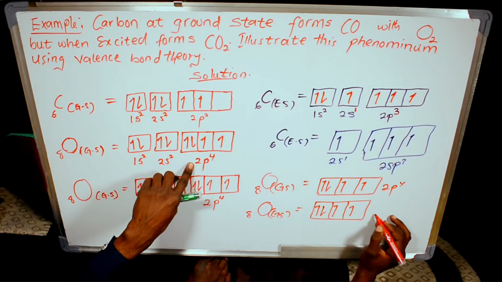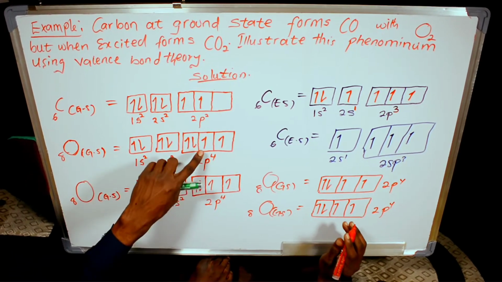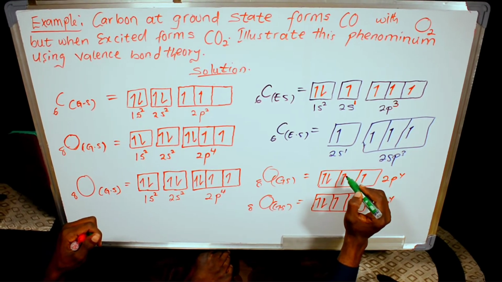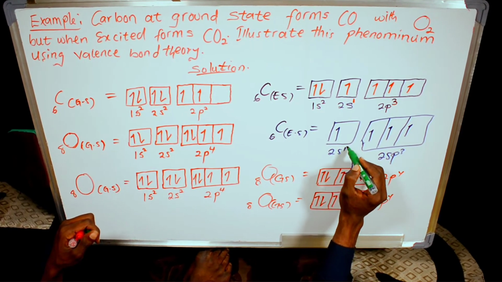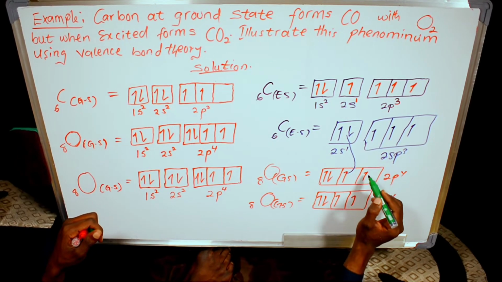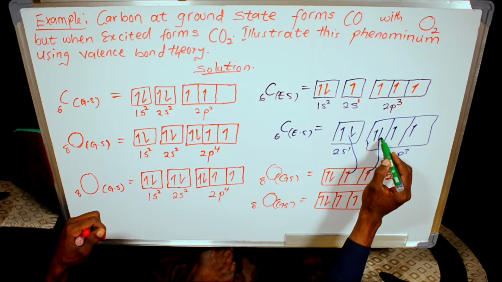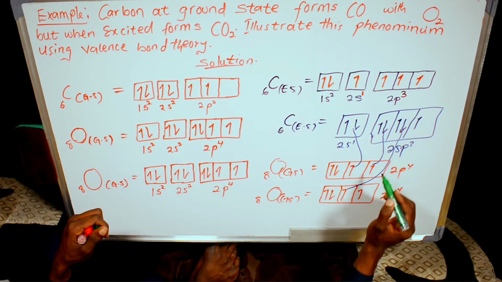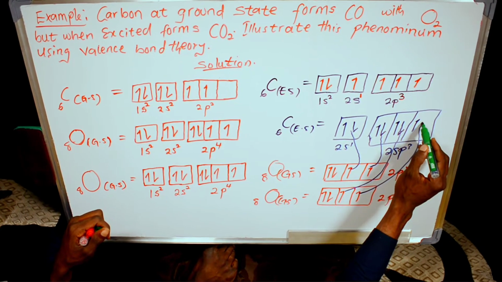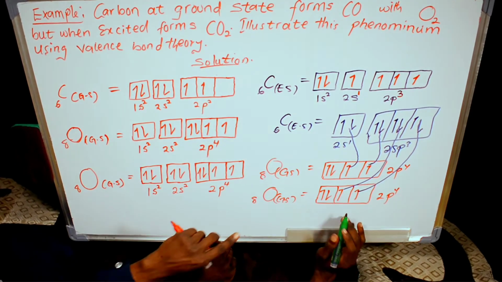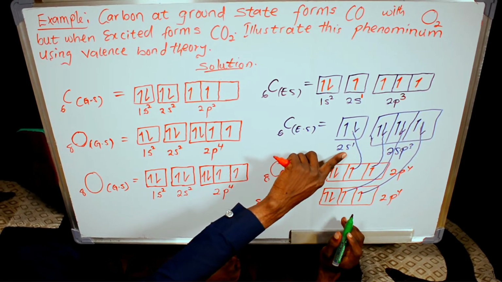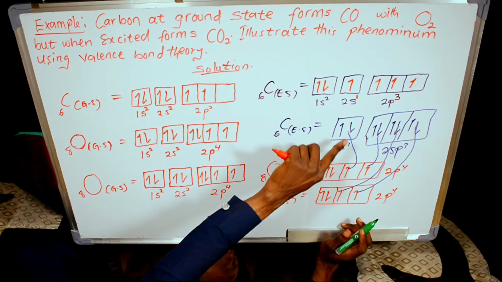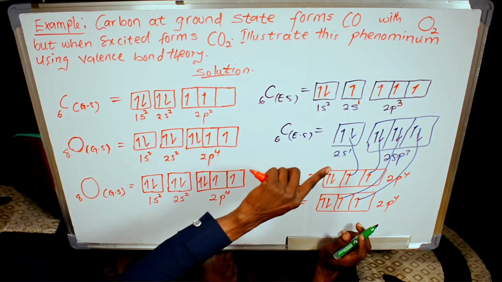This is 2p4 and also 2p4. So for these to complete the octet, they will all share electrons to form covalent bonds. This pairs here and also this one will pair into this. This will pair into this and also this electron will pair into this box for the excited carbon. As these electrons pair from the oxygen to the carbon, they are all forming bonds.